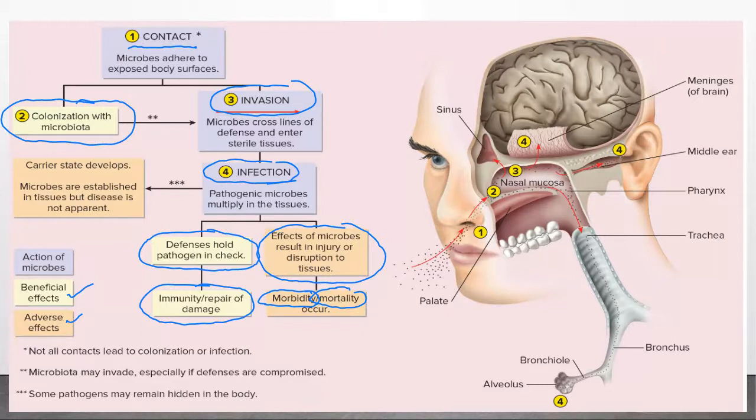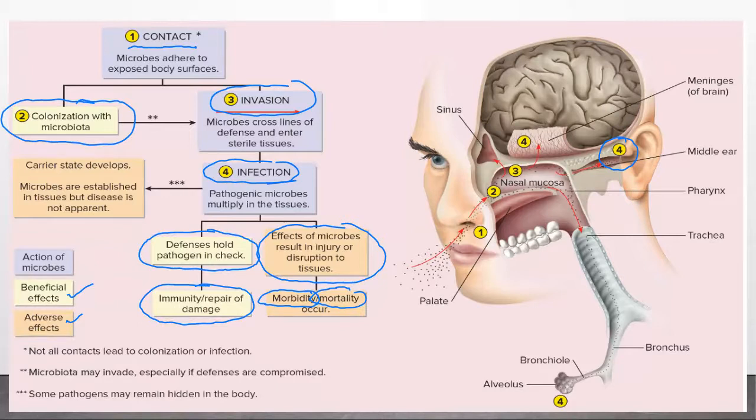This diagram is just showing you how these organisms can enter into our body. Usually they use what we call a portal of entry. In this case, using the respiratory system, which is our nasal cavity. They enter our body through the nasal cavity, then can go to the sterile tissue, causing infection, for example here, otitis media.